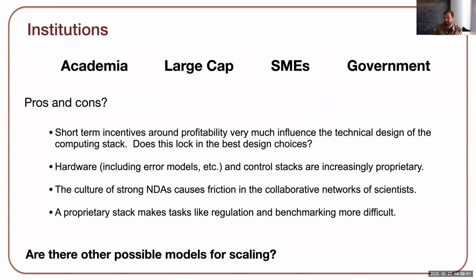Government funds a lot of quantum computing development. In other countries, these are now considered sovereign national interests. And then SMEs or startups and large caps are the other two institutions we're familiar with. Of course, by large cap, I mean something like Microsoft, Google, AWS, right? Building quantum computing divisions internally.